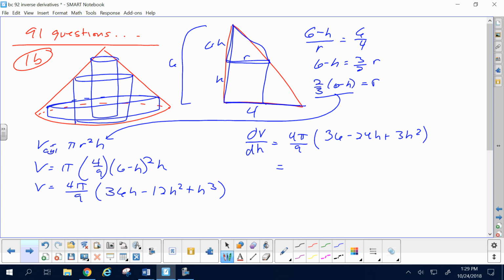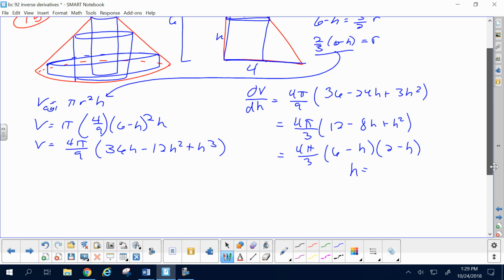If I pull out a 3, I have 4 pi over 3 times (12 minus 8h plus h squared). That is factorable: 6 and 2. So I go (6 minus h)(2 minus h), I believe that factors. And so my critical numbers are h equals 6 and h equals 2.